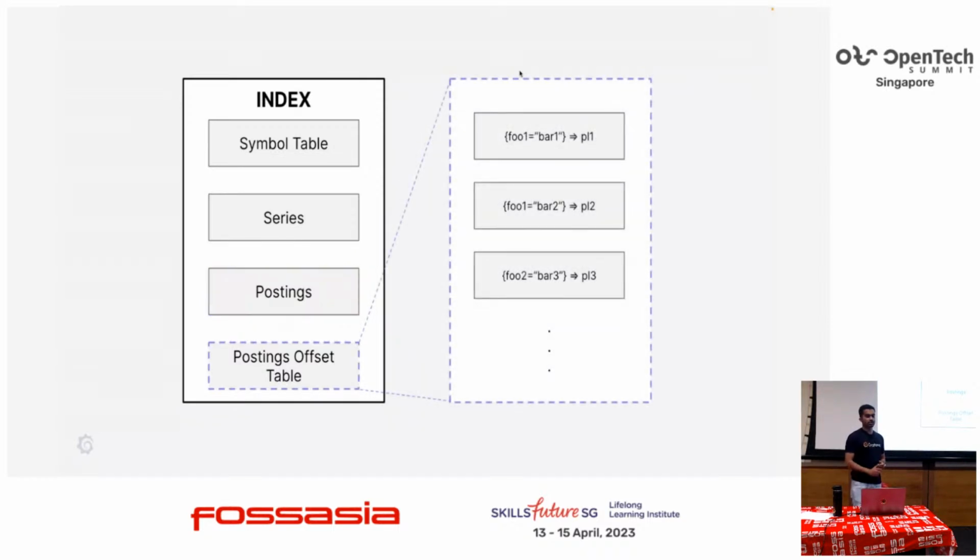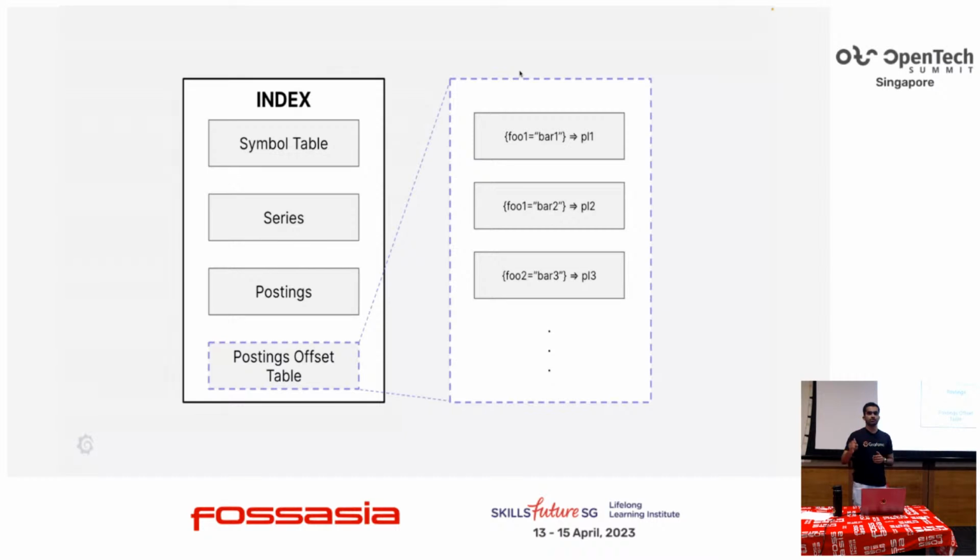So there is the posting offset table. This is the important part. So you saw every series has a set of label name and label value pairs. And in this posting offset table, we store, okay, foo1 equals bar1 is present in a set of series, which is represented by posting list 1. And foo1 equals bar2 is present in this particular set of series.